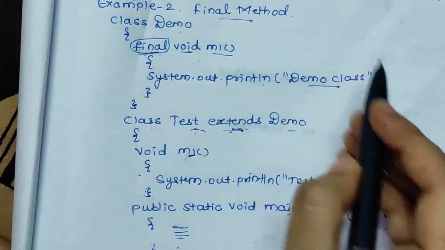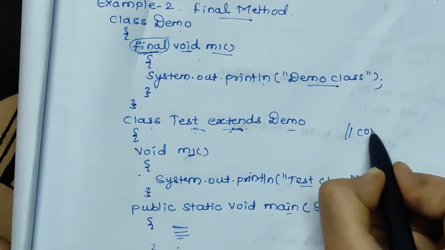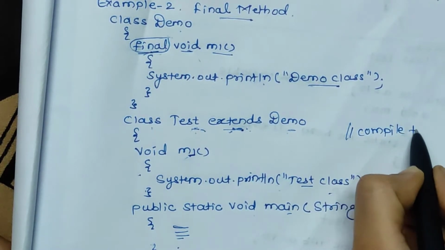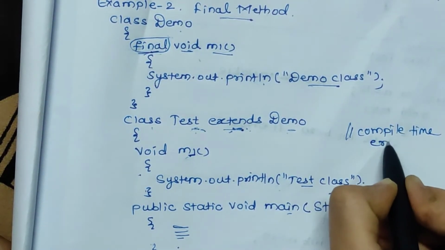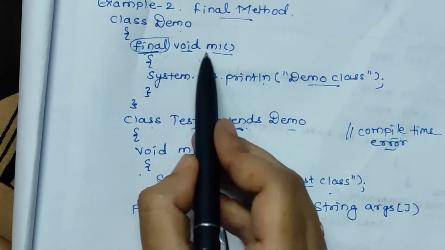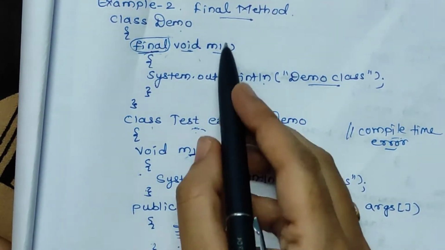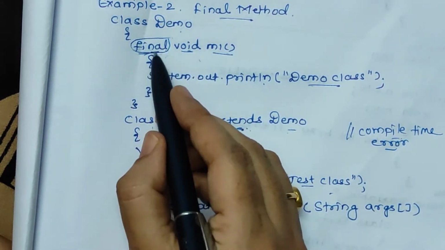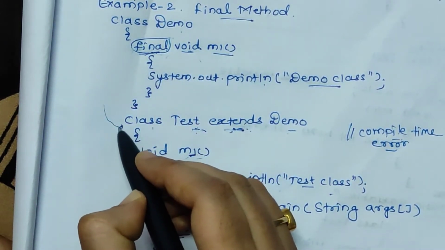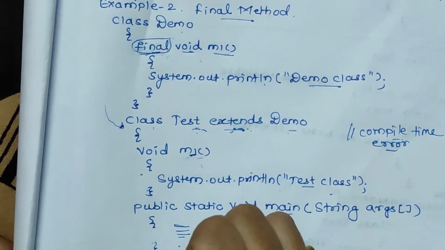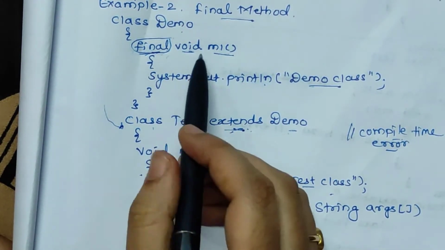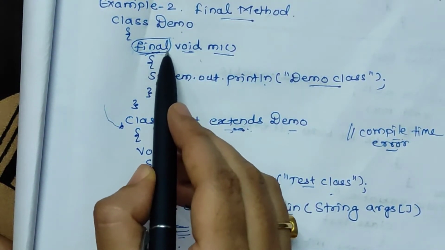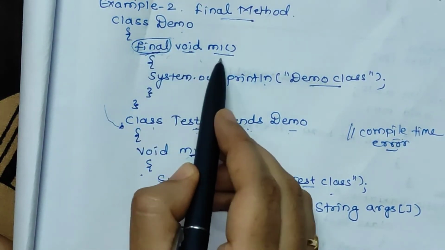The program will give you a compile time error. Why is it so? Compile time error, because though the methods are the same in both the classes, as we have defined this method as a final method, you cannot override this method in any other class. So I think you have understood the use of the final keyword before a method.